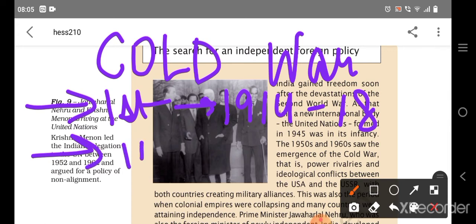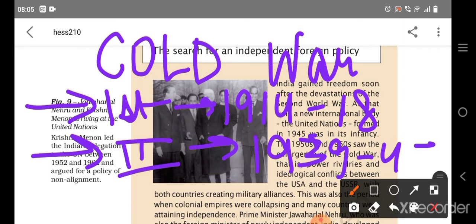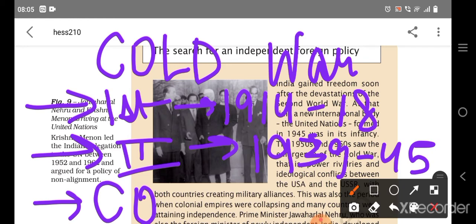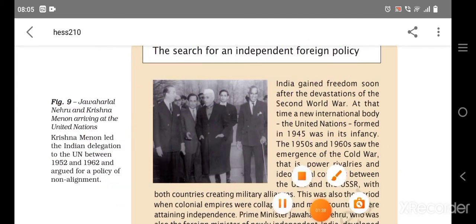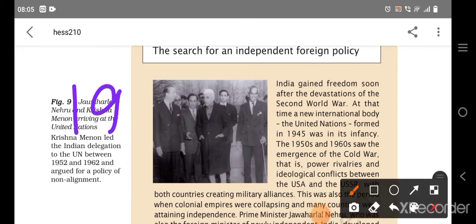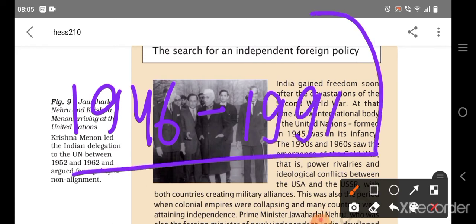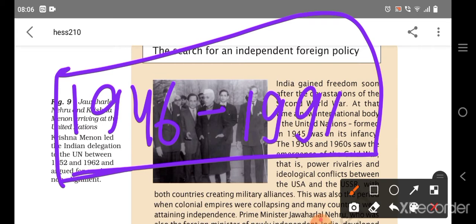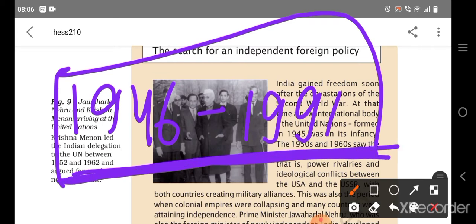Then the Second World War came, between 1939 and 1945. Now comes the most extensive, long-duration war, the Cold War, which was between 1946 and 1991. It was a huge time duration, between 1946 and 1991.